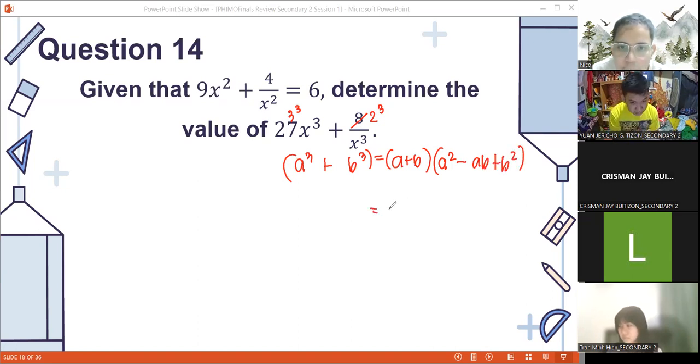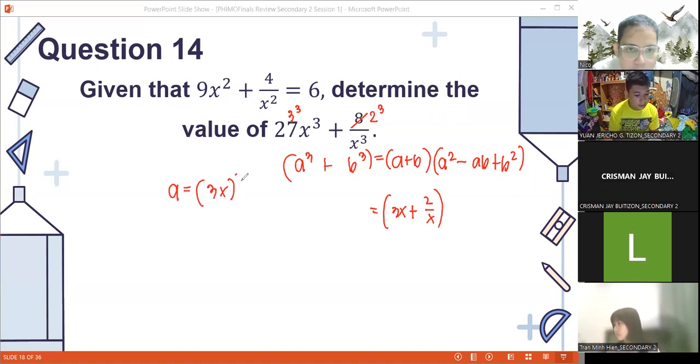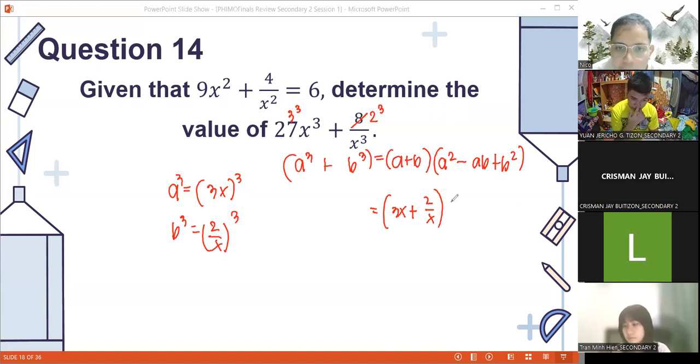So this one will become 3x plus 2 over x. Again, your a here is going to be 3x cubed, while your b cubed here is 2x cubed. Okay, so this is 9x squared minus 6 plus 4x squared, right?